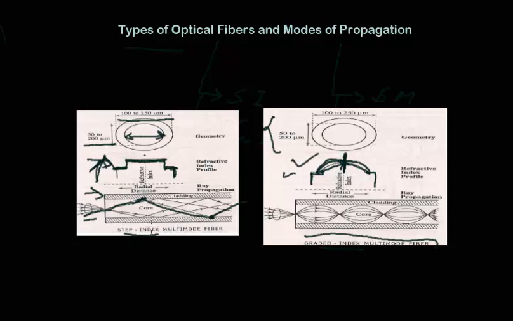Different modes means some light rays will have different angles of incidence, some light rays will have other values of angle of incidence. Some values will be lesser, some values will be greater, but the main point is each angle of incidence should be greater than the critical angle to satisfy the condition of total internal reflection, because light can propagate in a large number of modes here and here as well, because both are multi-mode fibers.